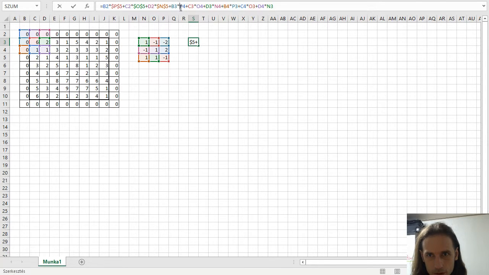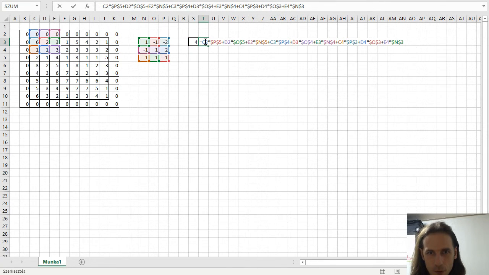The convolution kernel will be fixed and won't move away. Okay, so let's move 1.